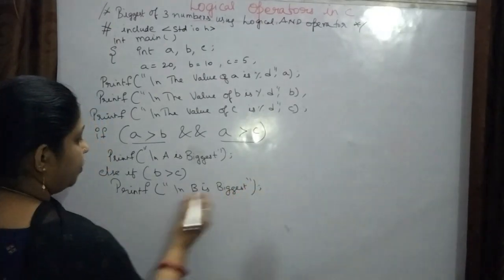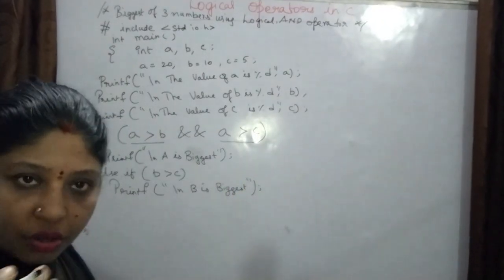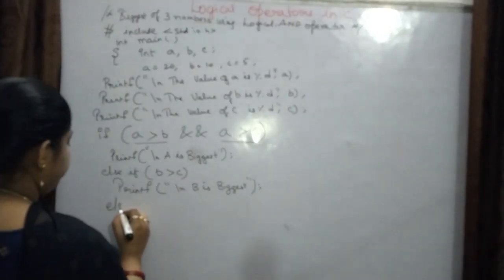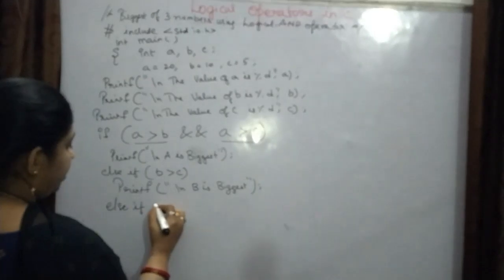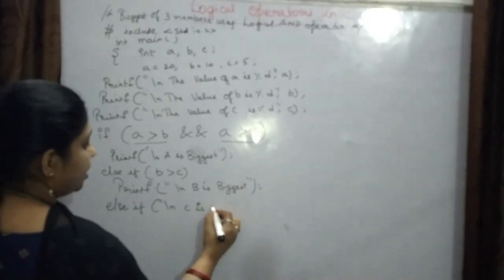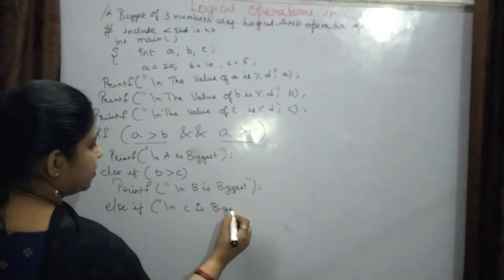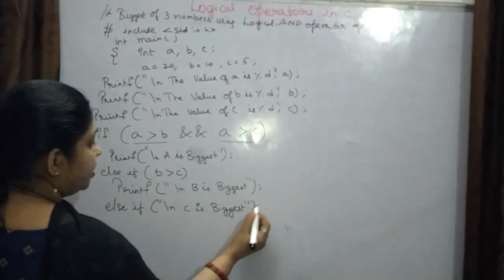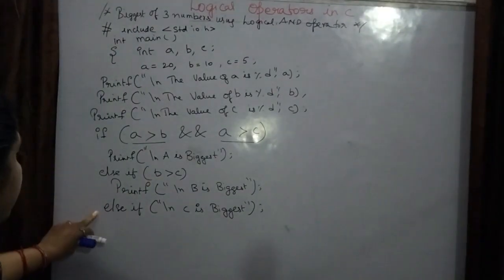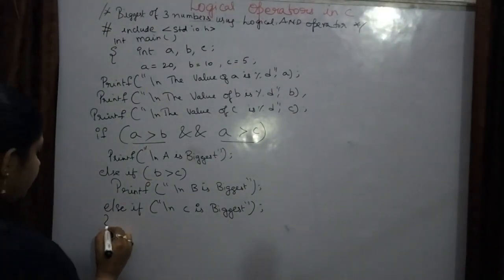Now, suppose b is not greater than c, then it has to go to else, printf, \n c is biggest. Okay, now this is the program, it is checking the conditions. Now I will close the program.